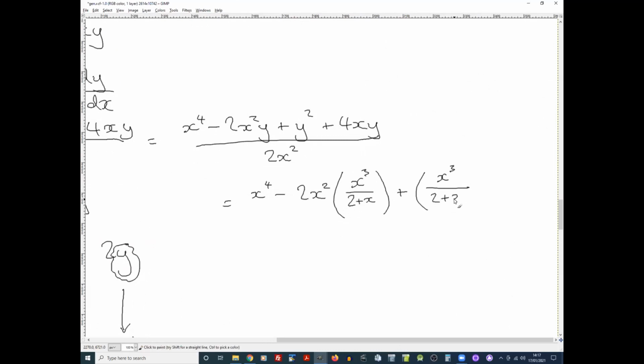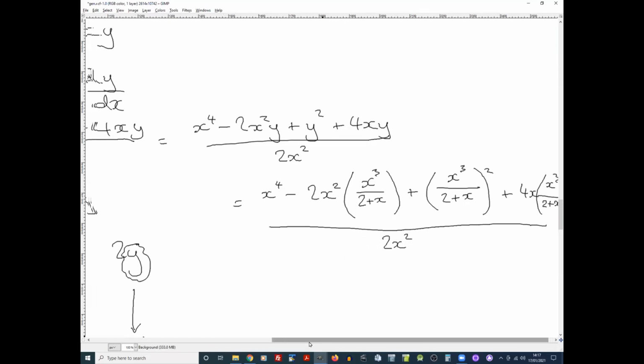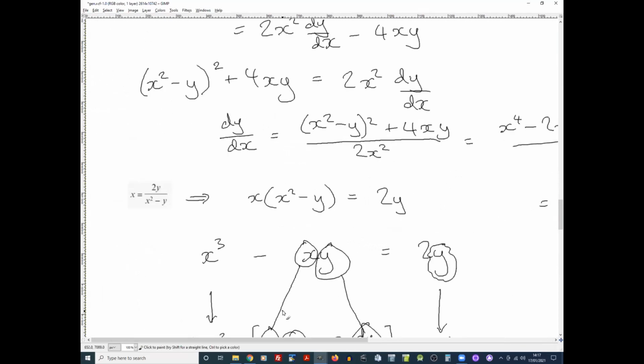X cubed over 2 plus x, but we're having the square of all that, plus 4x times x cubed over 2 plus x, all over 2x squared. Okay, I'll check that and let you know if it works out.